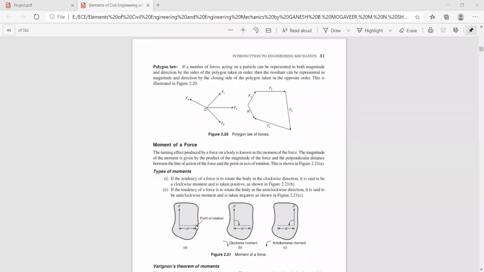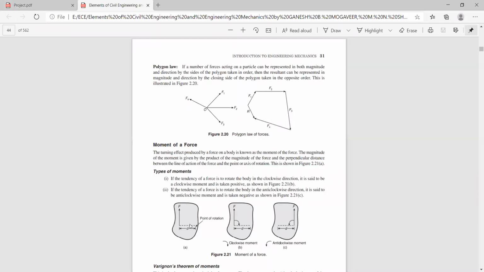Now, the magnitude of the moment of this force with respect to this point is the magnitude of the force and the perpendicular distance between the line of action of the force and the point about which you consider the moment. You can consider the moment somewhere here also, at this point, and this point becomes the axis of rotation.